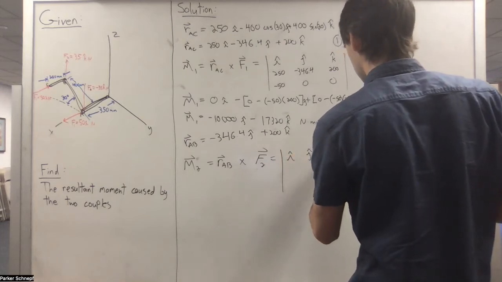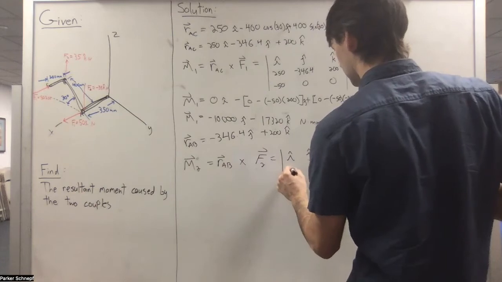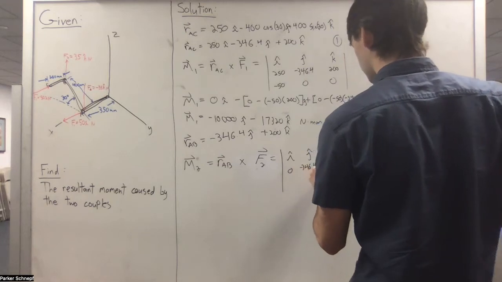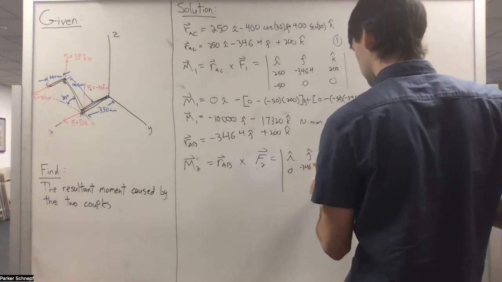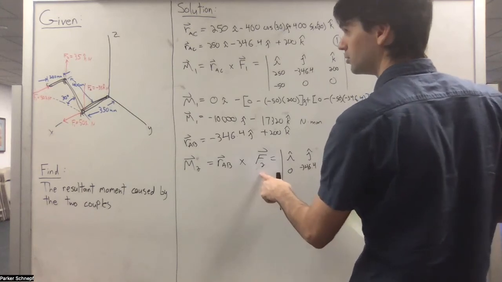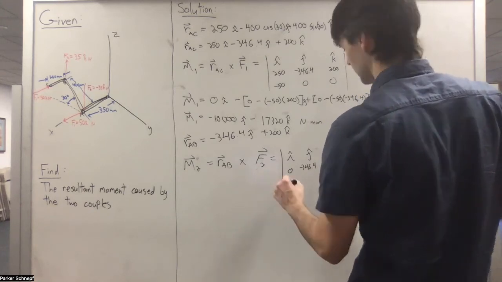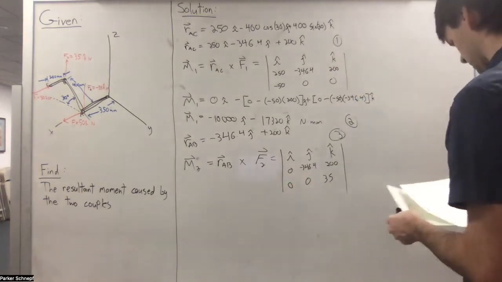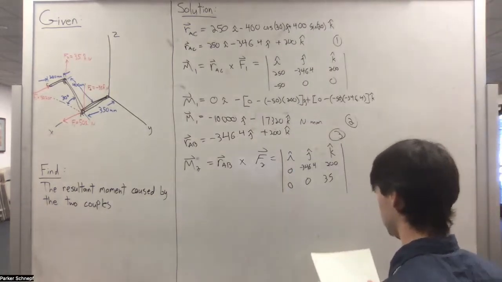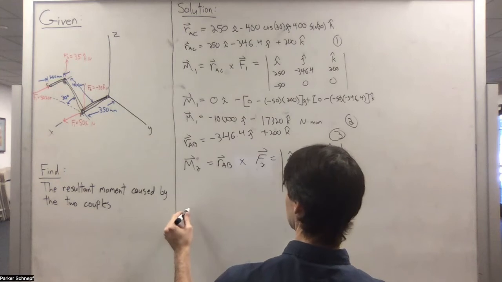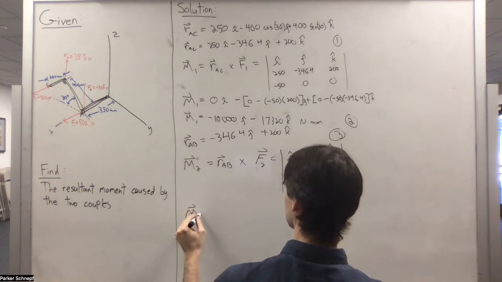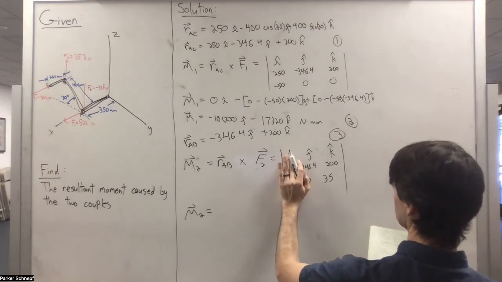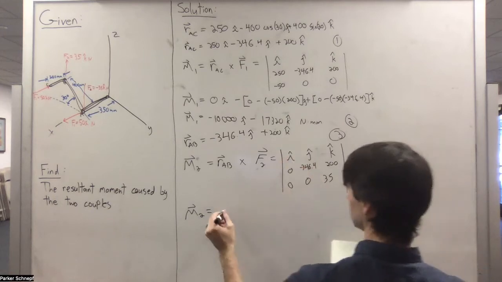R_AB has 0 in the i, negative 346.4 j, 200 k, and F2 only has a z component, so 0, 0, 35. And solve that out. All right, so the i component, we get negative 346.4 times 35 and a 0.